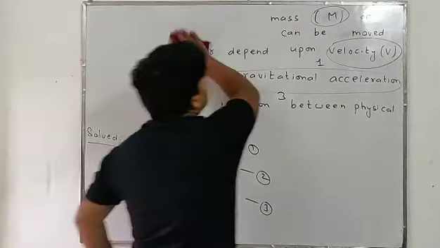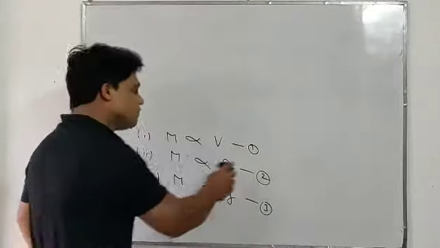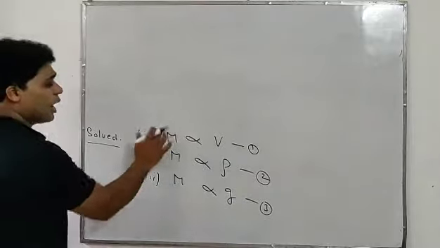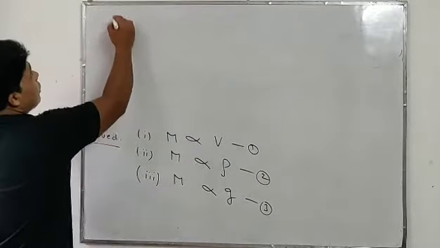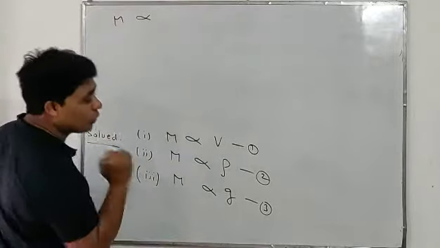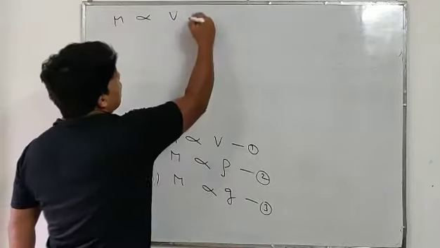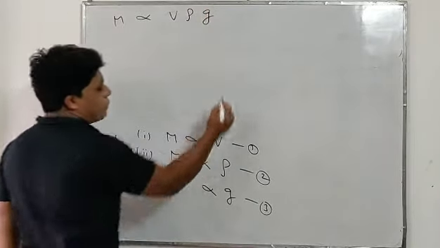Okay students, now we'll find the relation between these physical quantities using the dimension method, where we combine all three equations, first, second, third. Mass depends on v, rho, and g.